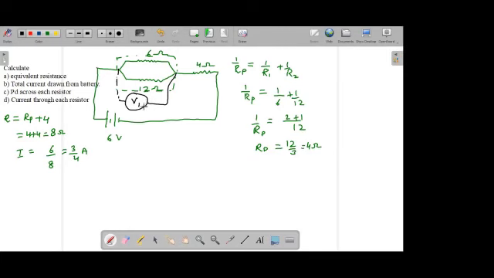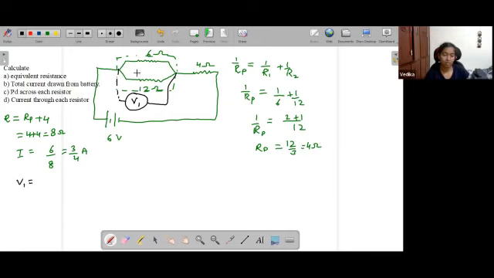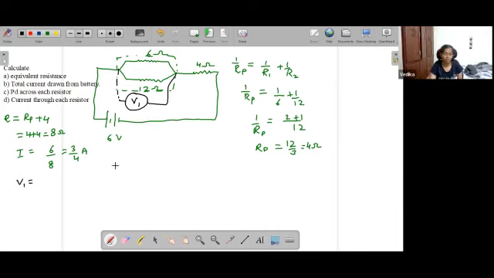Okay. So V1. Vedika, how can we obtain V1? Sir, 6 plus 12. Total 18.